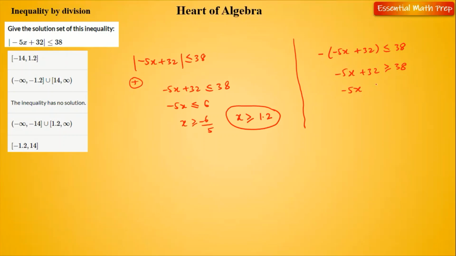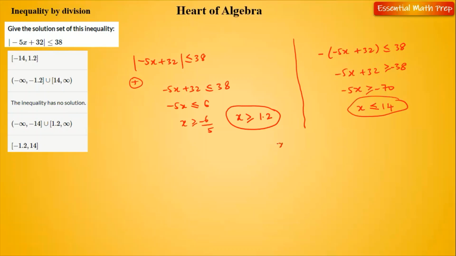Oh, when we did that, we had to add the negative 38 here. If you add negative 32 on both sides, it makes it negative 70. If you divide by negative 5 on both sides, which means x is less than or equal to 14, sorry, x is less than or equal to 14.